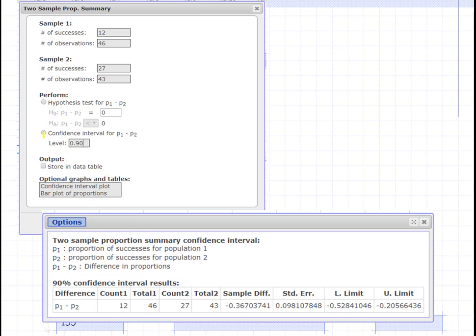On StatCrunch, we're just going to click the radio button for confidence intervals, and we did put in our 90%. And here we get our lower limit and our upper limit. And we're going to write our confidence interval just like we did for single samples.